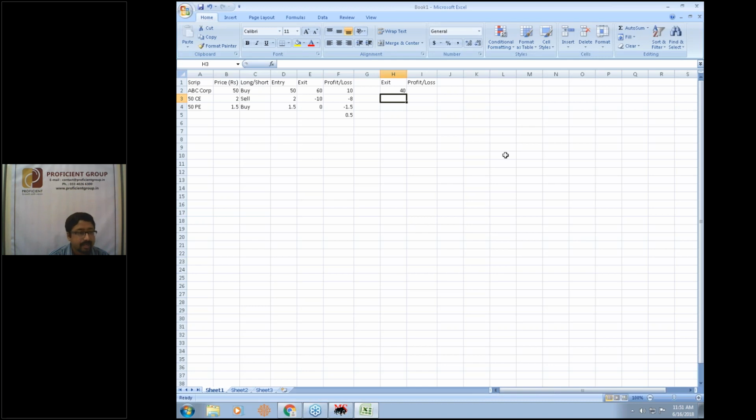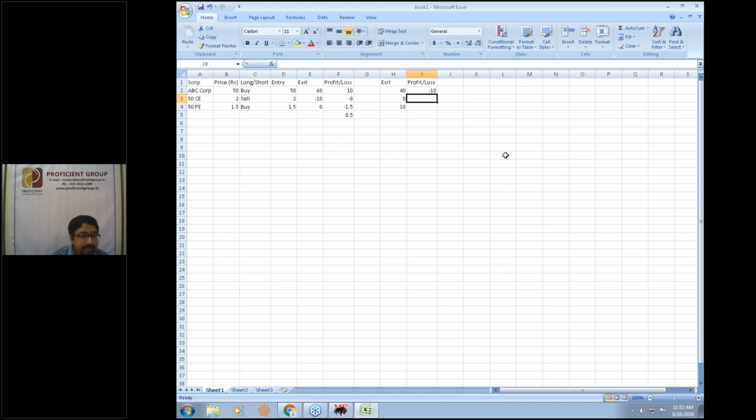In that case, we will have to exit the call at rupees 0, and we will get 10 rupees from this put, right? So what will be our profit and loss scenario in this case? We take a loss of 10 rupees from the future.